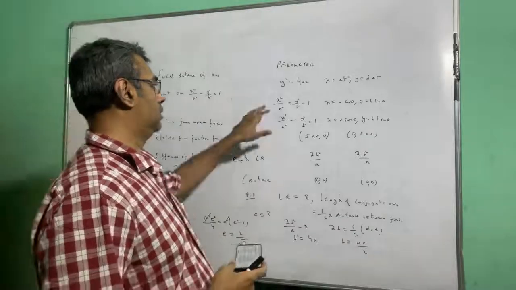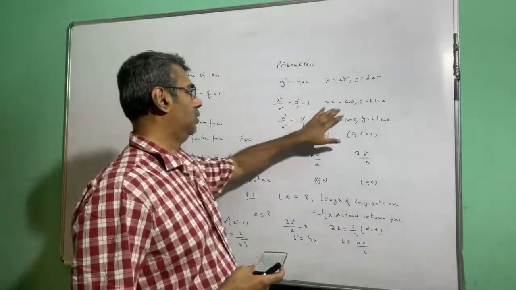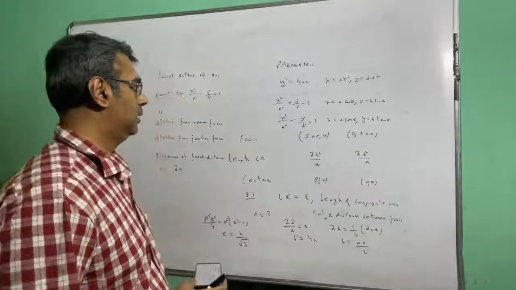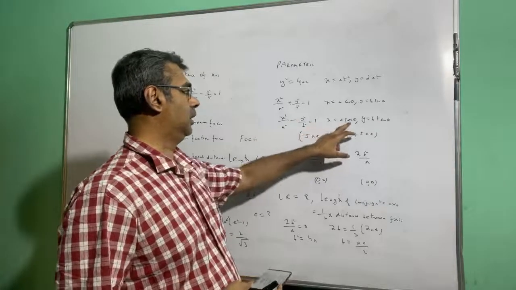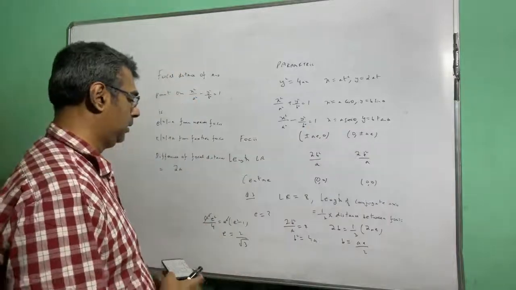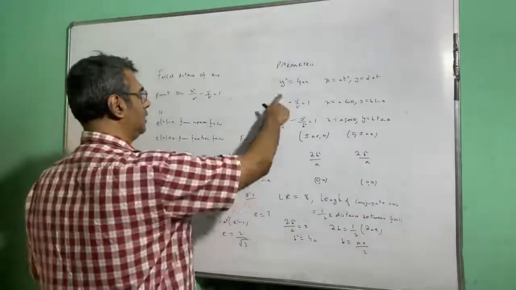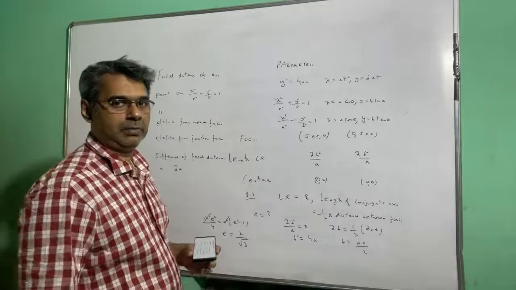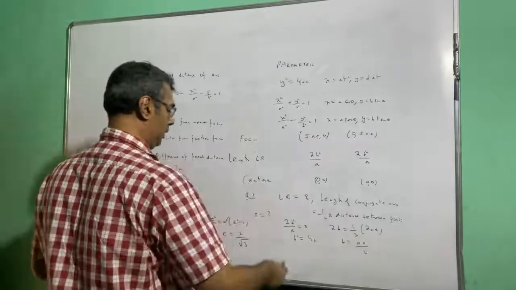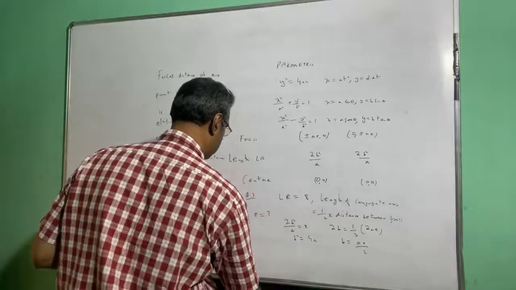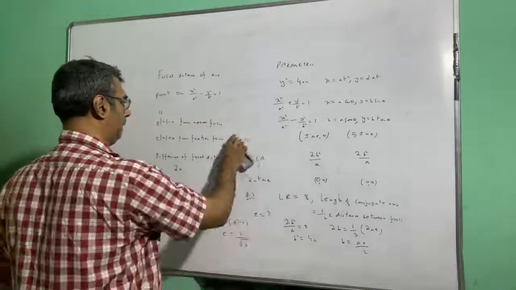If it is x square by a square plus y square by b square equal to 1, x is a cos theta, y is b sin theta. If it is x square by a square minus y square by b square equal to 1, then x is a sec theta and y is b tan theta. So this we have already done in one sum, the parametric form of parabola. So this is the parametric form of ellipse and this is the parametric form of hyperbola. So these are the parametric formulas.